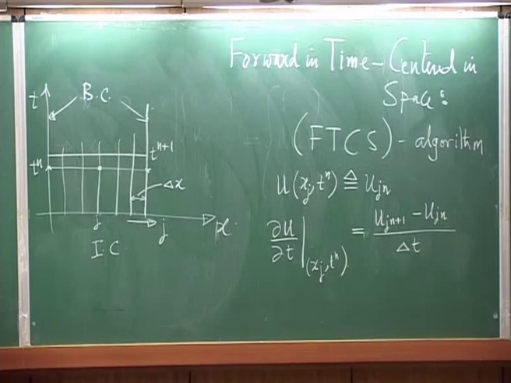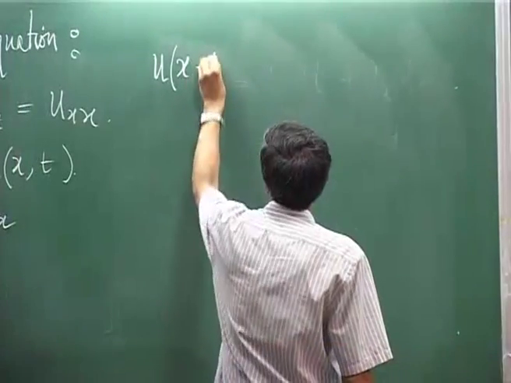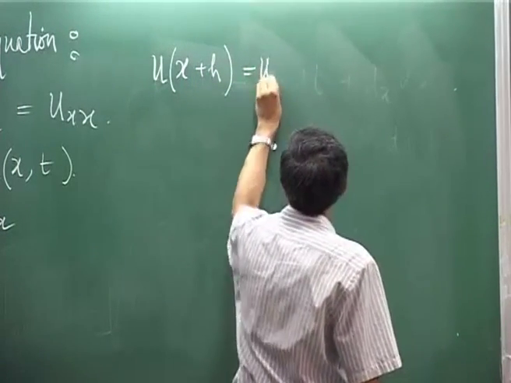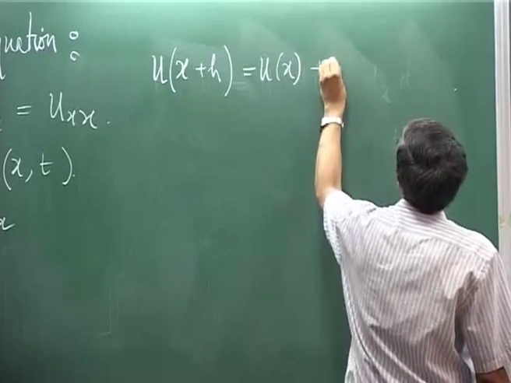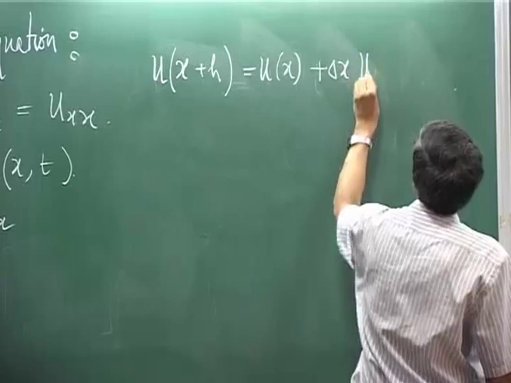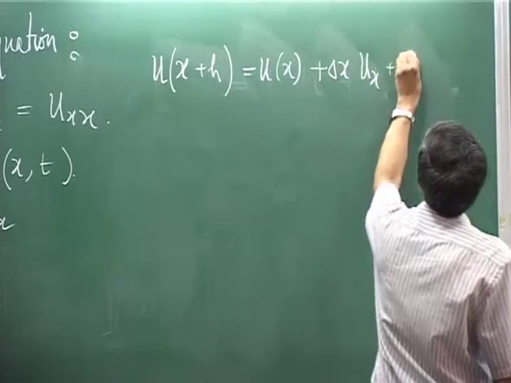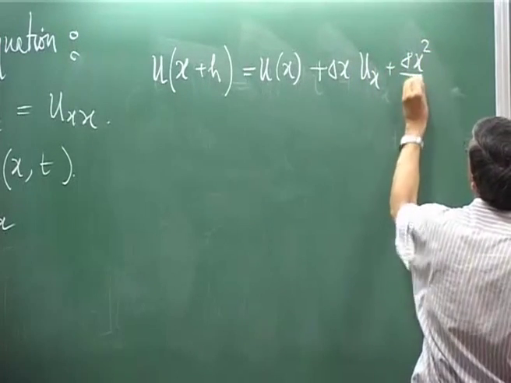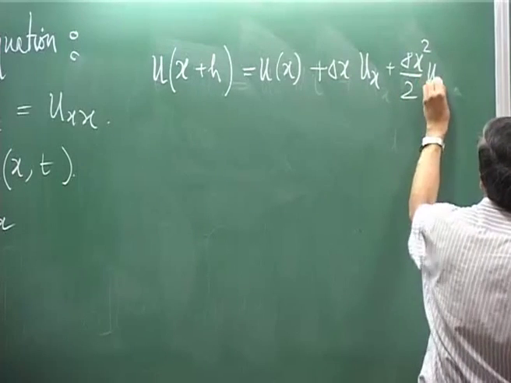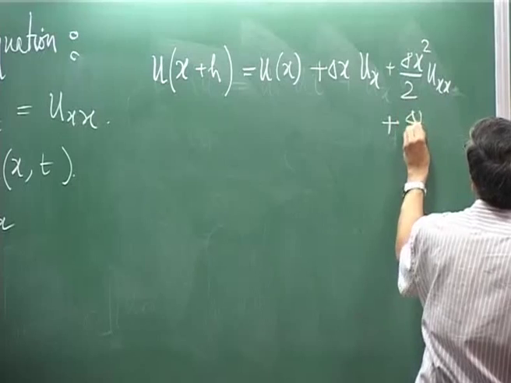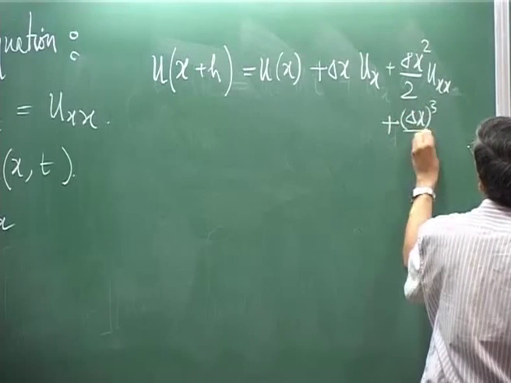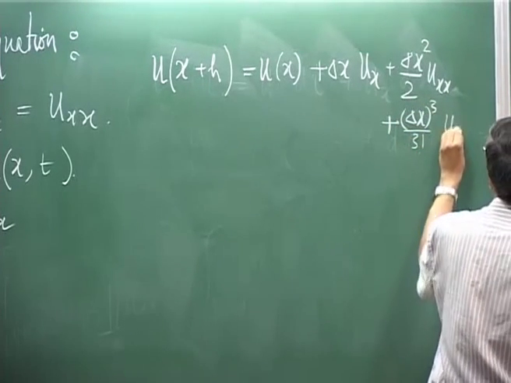And if you remember, we wrote it down like this, u of x plus h as u of x plus delta x u x and so on and so forth.